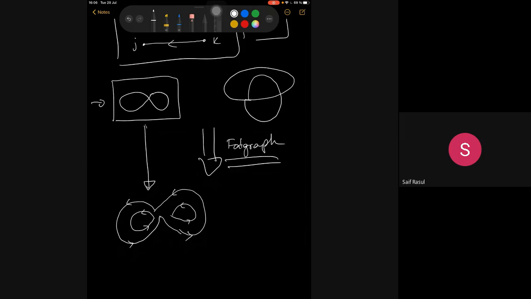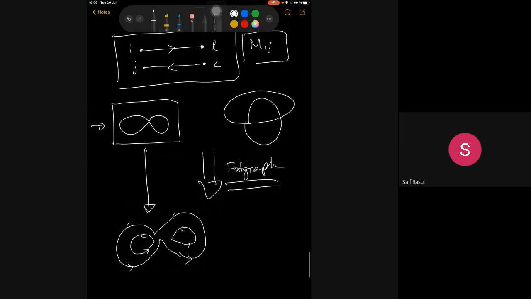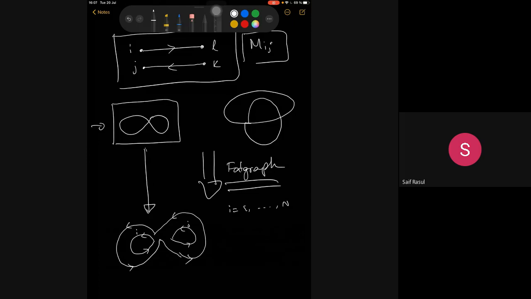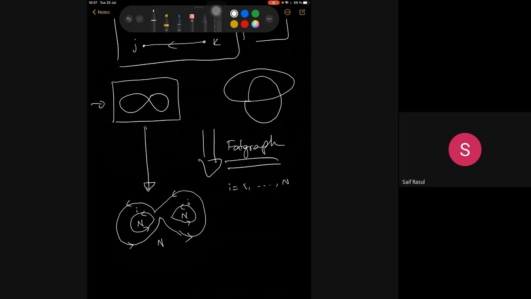One thing to remember is that each index i runs from 1 to n. So if we label this as i, and this as j, you'll have n, n, n, because each of these can take n values. For each of the lines, you will have n options.